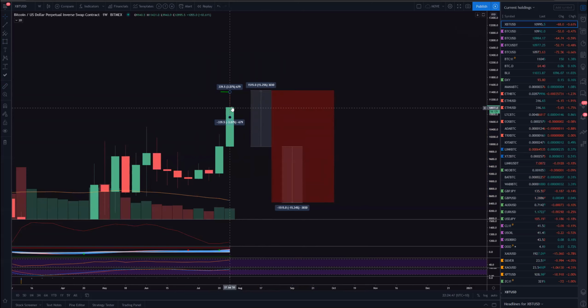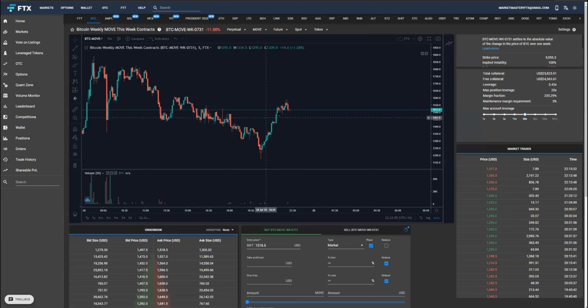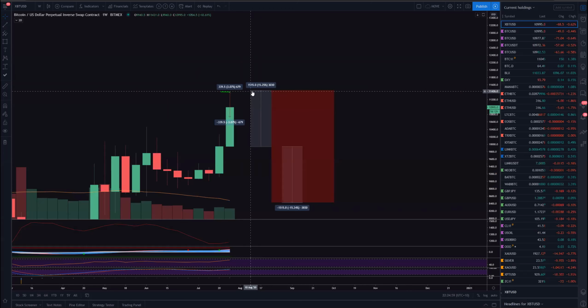And so if this happened, if we stayed around this price as we got closer and closer to the weekly close, what would happen is this would slowly bleed out. The contract value of the move contract would slowly bleed out as time expires. It would push towards the closing value of where the candle is away from the weekly open. And that's what the decay, the time decay is called. Like there's always that pressure of time that it will slowly push towards the intrinsic value of what the actual move is away from the daily or weekly price.